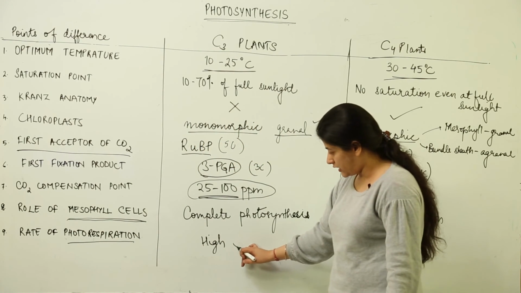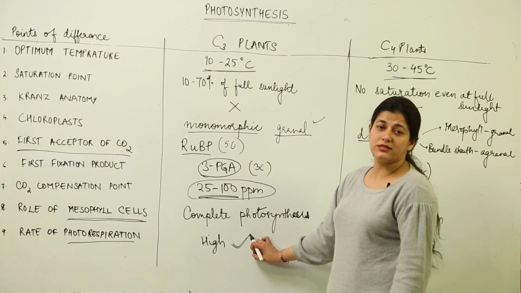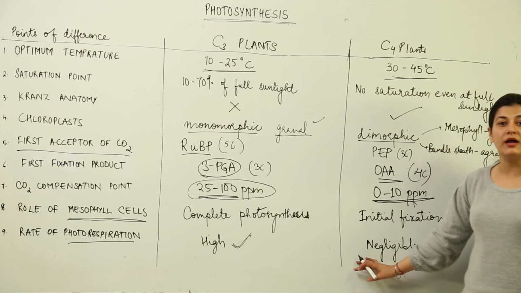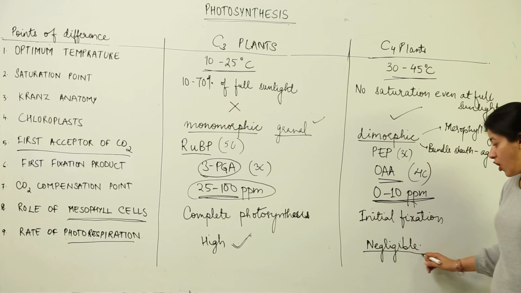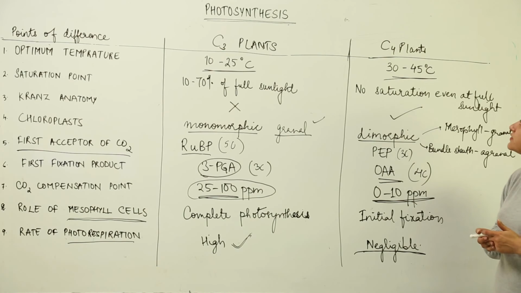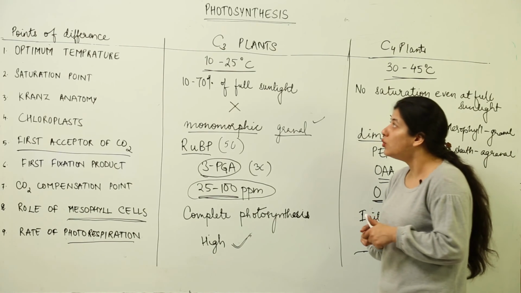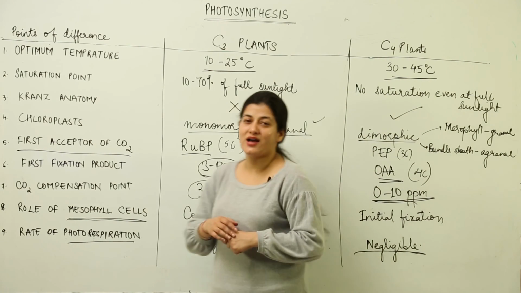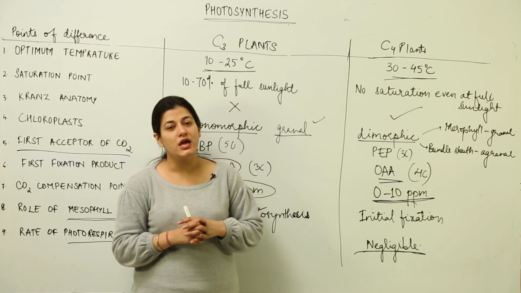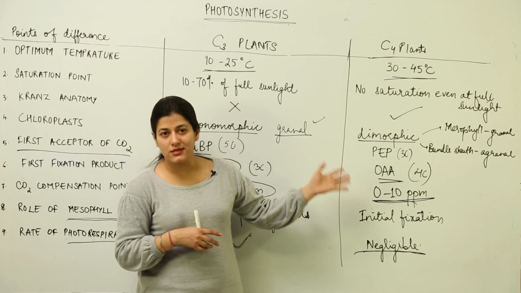In the case of C3 plants, the photorespiration is quite high, while in the case of C4 plants, the photorespiration is almost negligible. So from these points of differences, you can very well decipher which plants are more productive in terms of rate of photosynthesis. It is certainly the C4 plants.